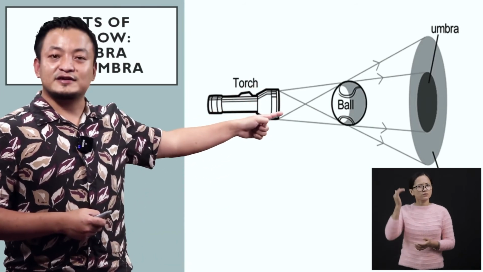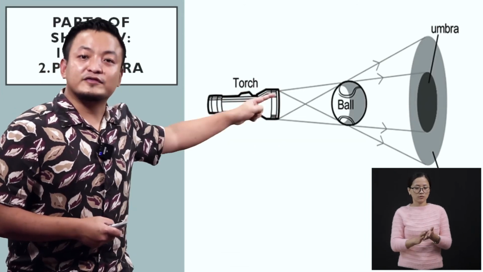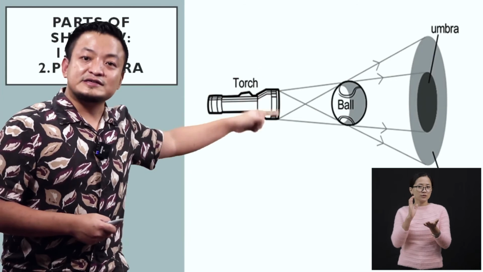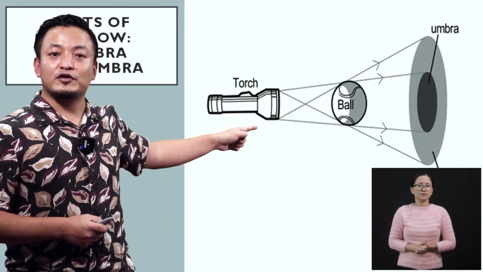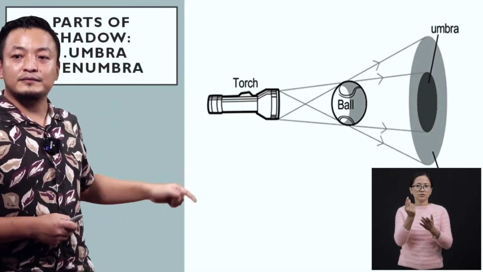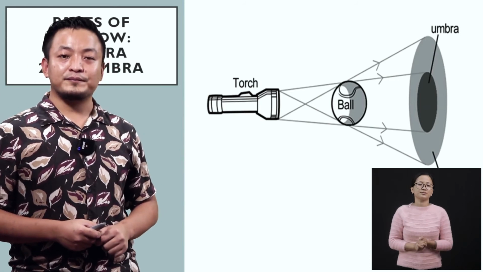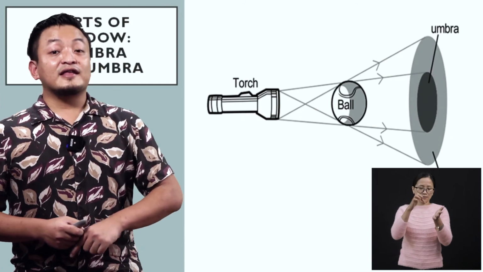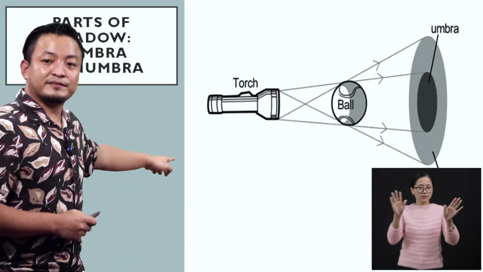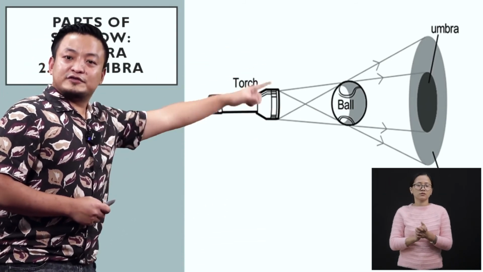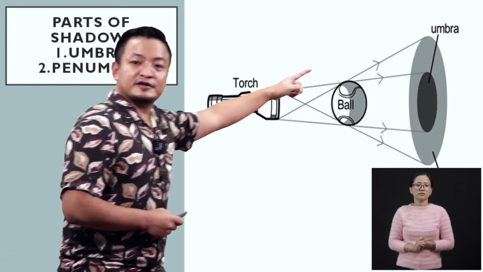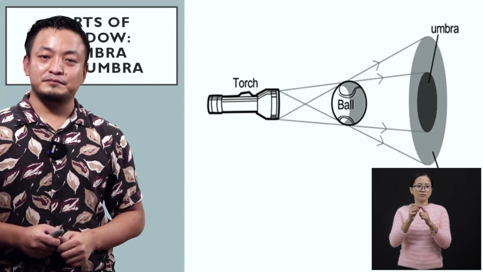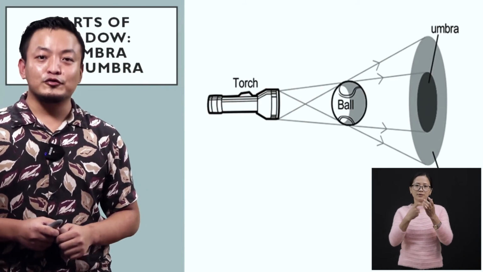But did you notice here? The central part of this shadow is dark, right? So this central part of the shadow is known as umbra. Okay? Umbra, U-M-B-R-A. And the light shaded part, you can see here, right? The light shaded part of the shadow is called penumbra. Okay? Penumbra.